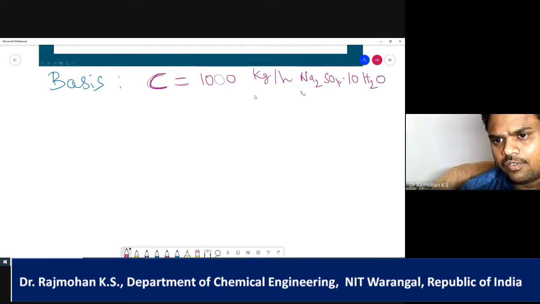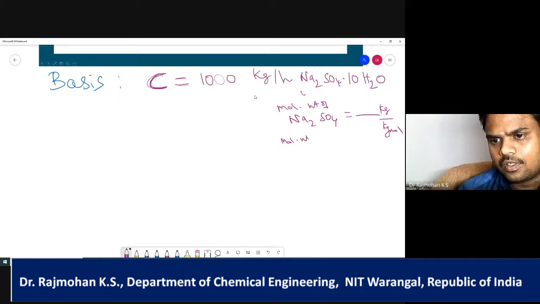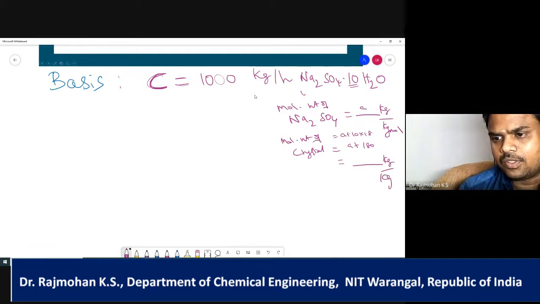You should know the molecular weight of Na2SO4. Please calculate and write the molecular weight. Then 10H2O means water, so the molecular weight of the crystal is A plus 180. Why 180? It is 10 times the water molecular weight. This much kg per kg mole. So this will help us to proceed with the problem.